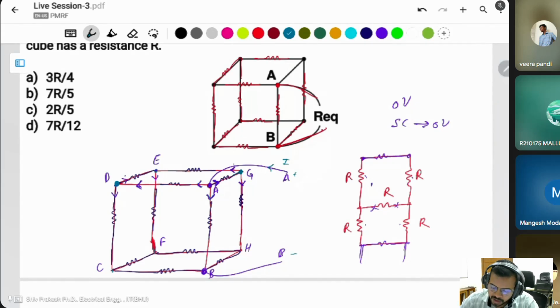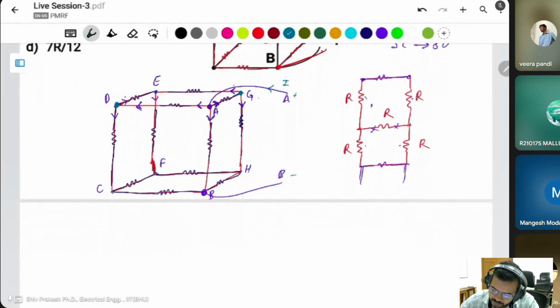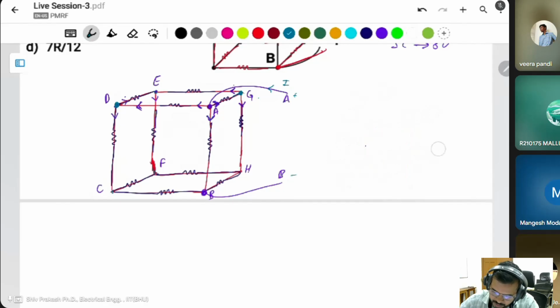The opposite corner of these is the same point, D and G. I remove this one. Suppose D and G have the same point.